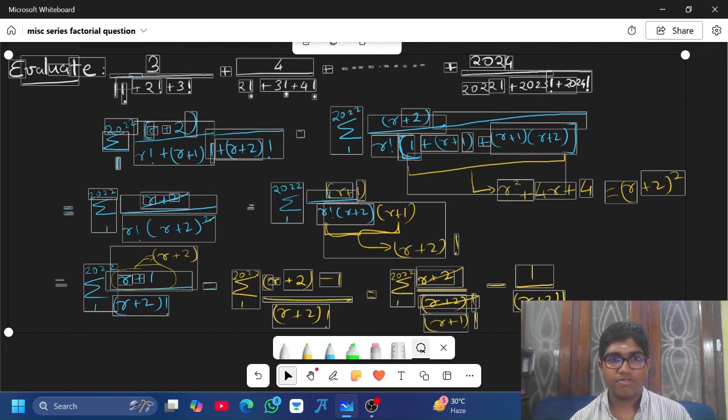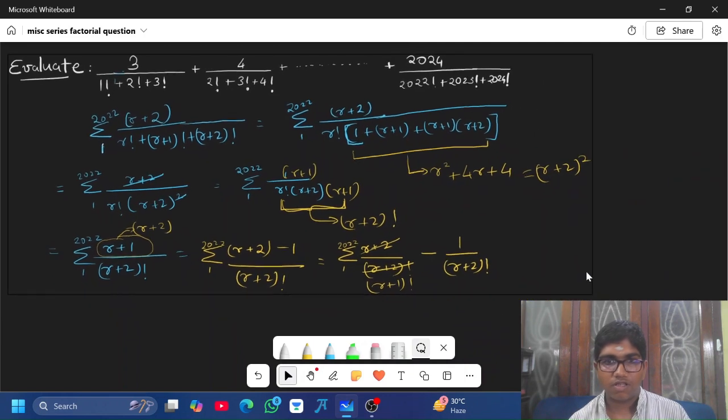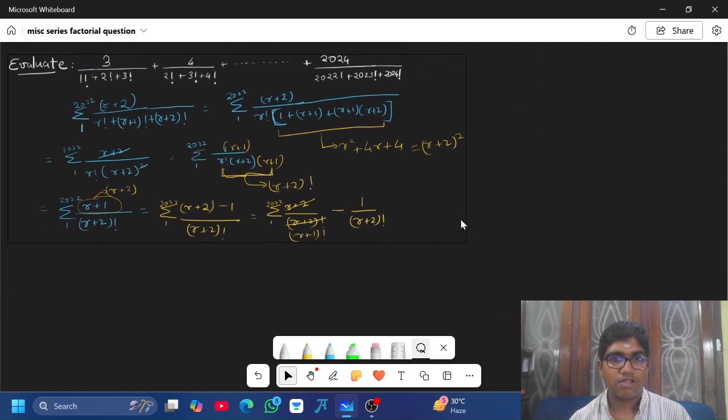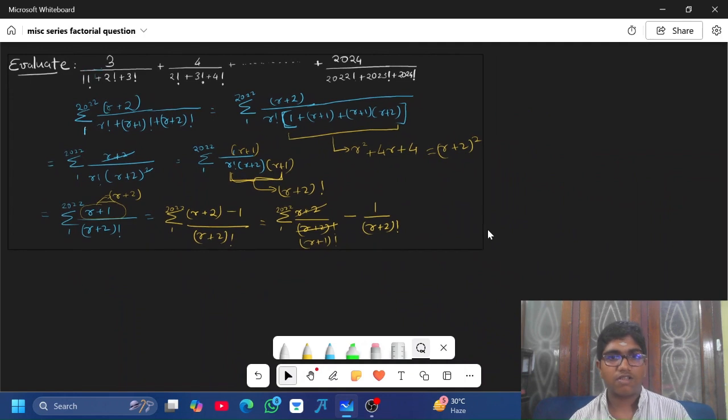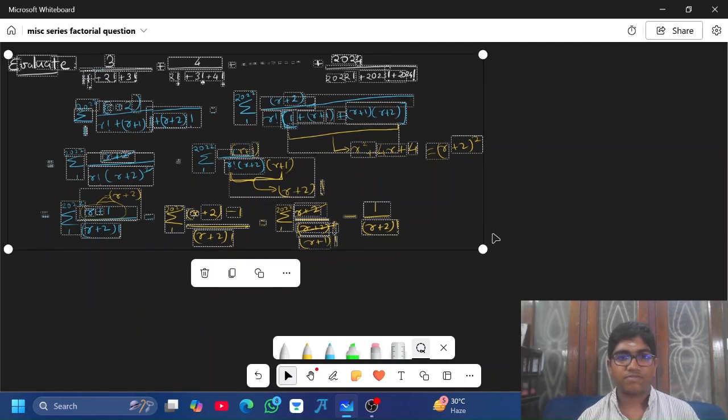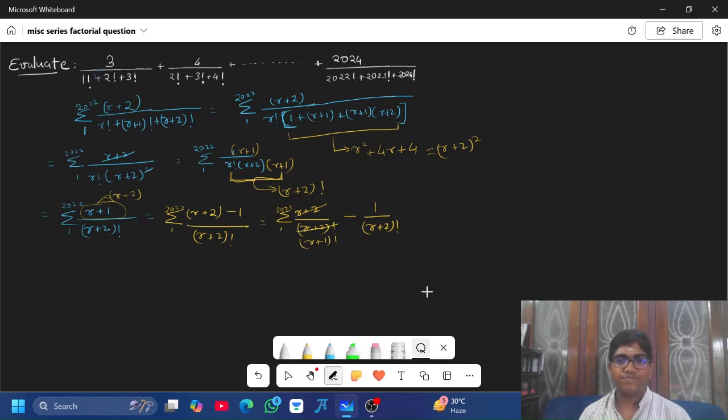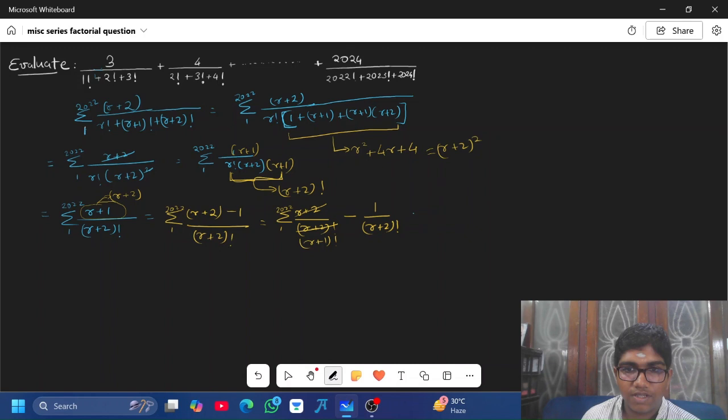Now continuing, I'll write in blue from here. This implies we get sigma 1 to 2022 of 1 by r plus 1 factorial minus 1 by r plus 2 factorial.